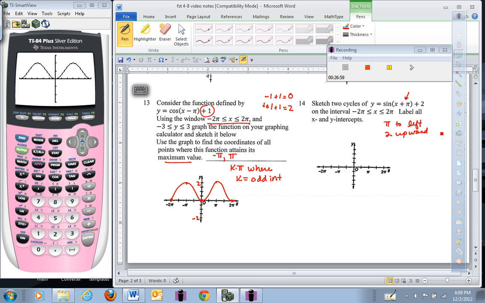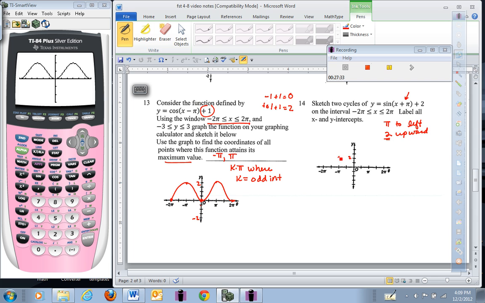Okay, so on your parent graph of sine, we had a 0 at 0. And now that 0 is getting moved pi to the left. But then it's also getting moved up 2. Right? So at negative pi, I'll just go by tick marks of 1 here.